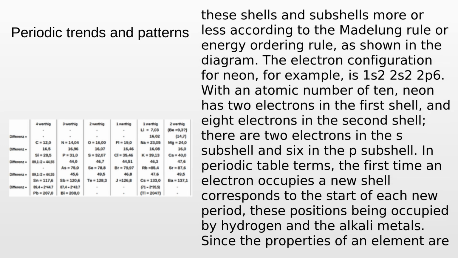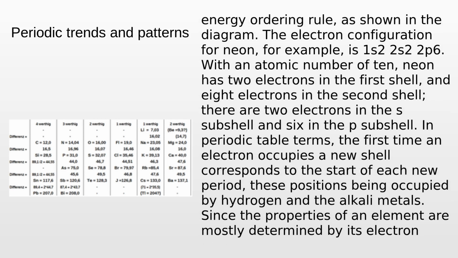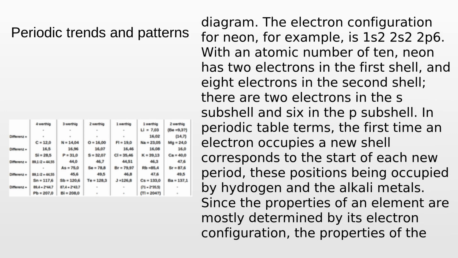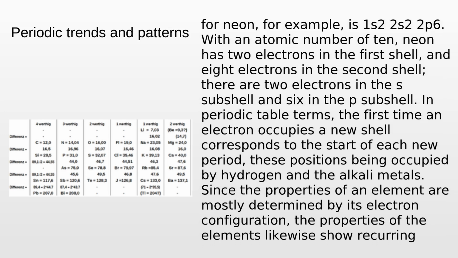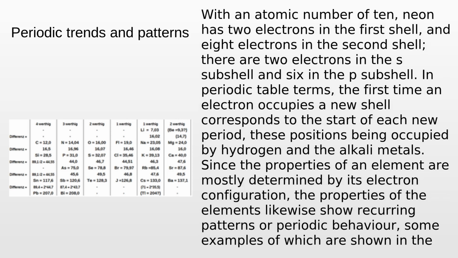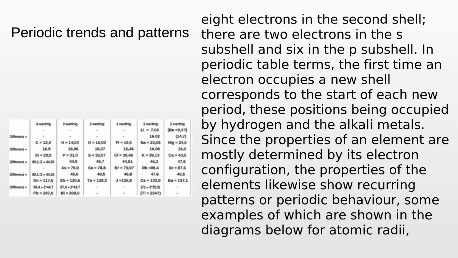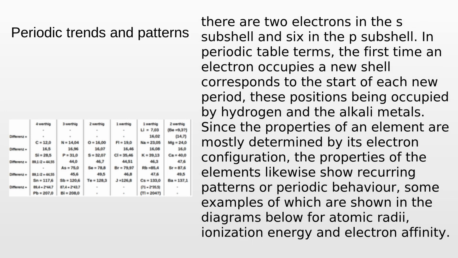As shown in the diagram here, the electron configuration for neon, for example, is 1s2 2s2 2p6, with an atomic number of 10. Neon has 2 electrons in the first shell, and 8 electrons in the second shell. There are 2 electrons in the s subshell and 6 in the p subshell.